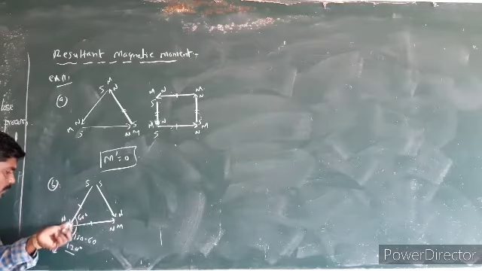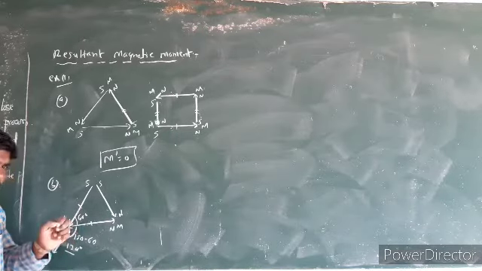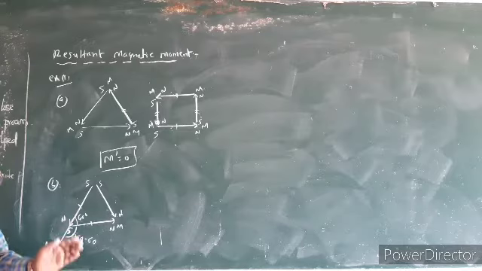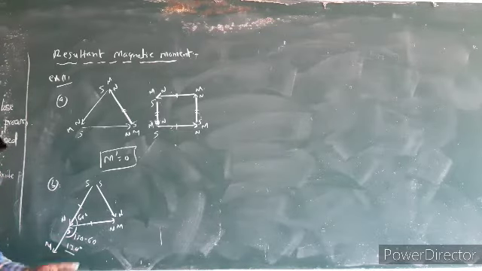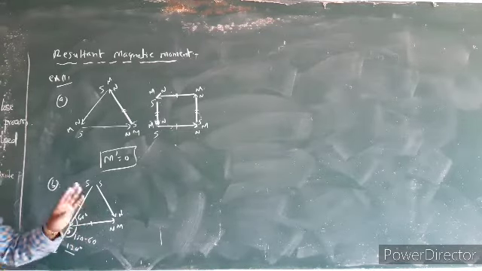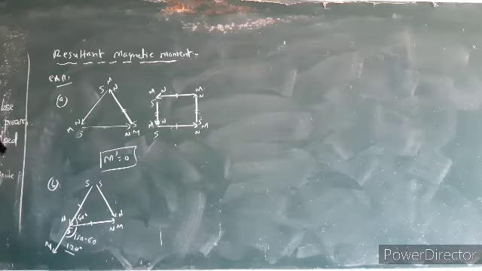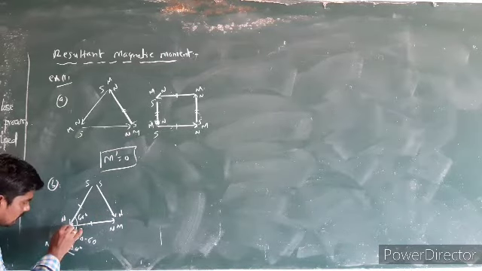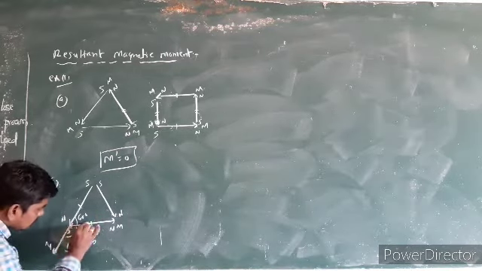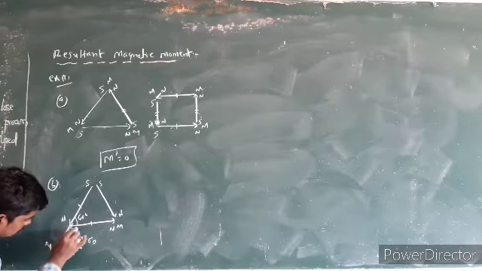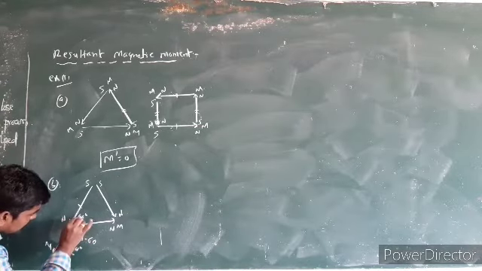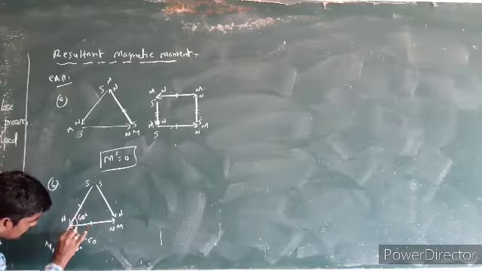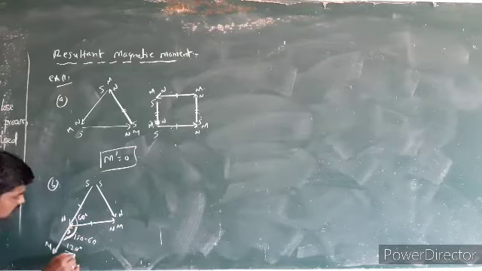When unlike poles are in contact, the resultant magnetic moment formula is root of m1 square plus m2 square minus 2 m1 m2 cos 60. Or otherwise, here theta is actually 120 degrees. The angle between axes is 60, but the angle between the magnetic moments is 120.